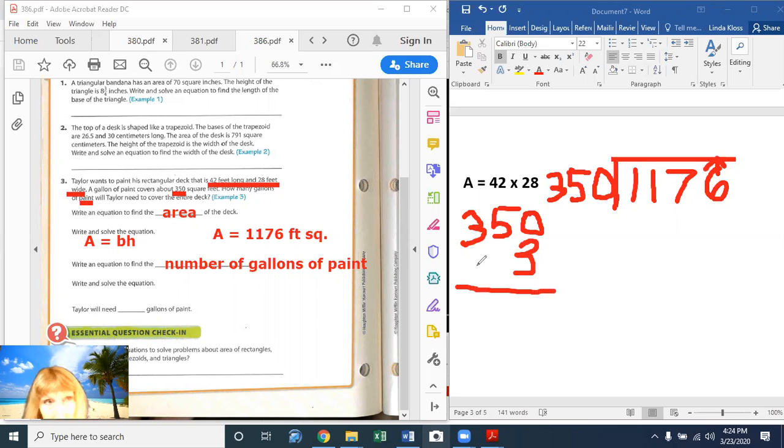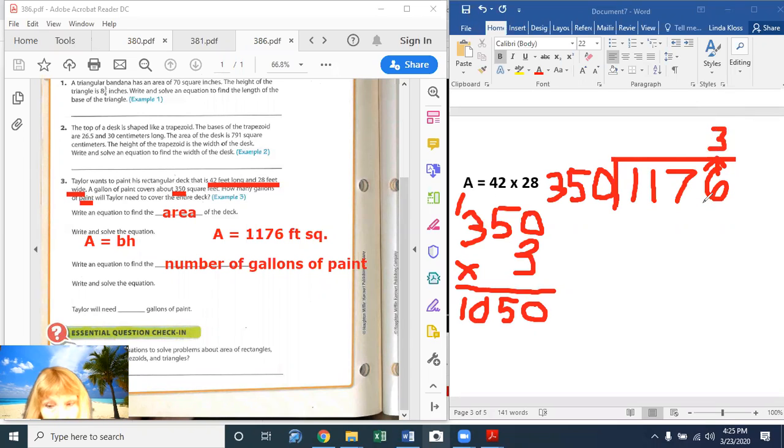I was kind of using estimation in my head. 3 times 0 is 0. 3 times 5 is 15. Carry my 1. 3 times 3 is 9, plus 1 is 10. If I were to add another 350 to that, I would definitely be over. So it is going to be 3.